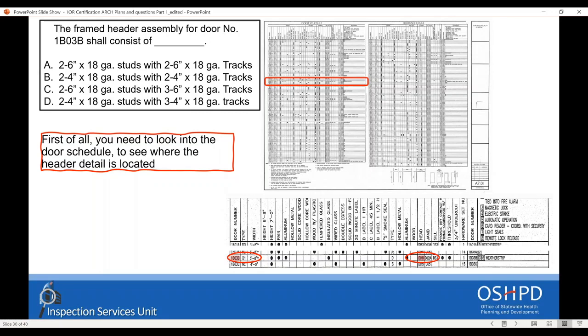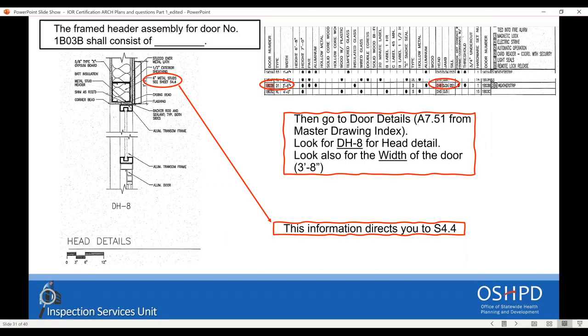The schedule guides you to look at two portions on the door number: the width, which is 3 feet 8 inches, and the head that has a detail number, DH8. Look for the DH8 for the head details. Where do you find the detail?